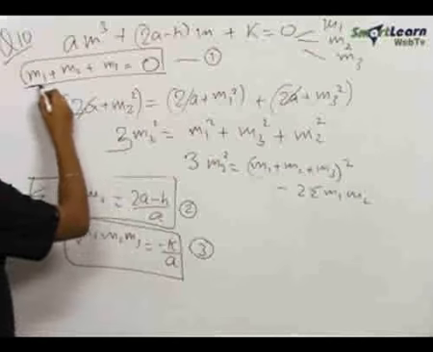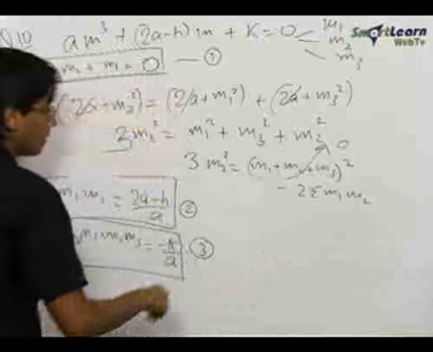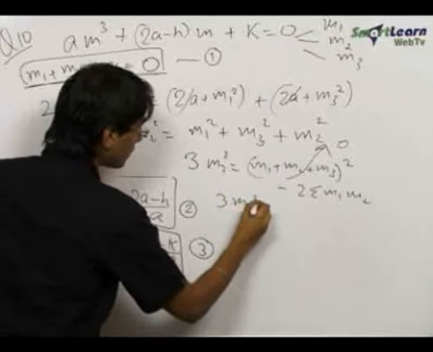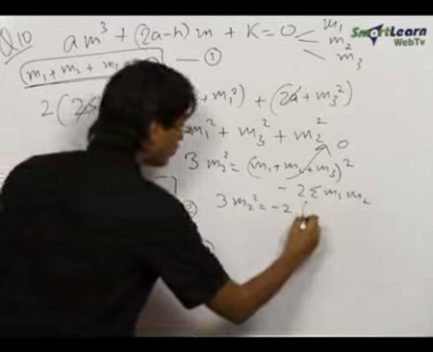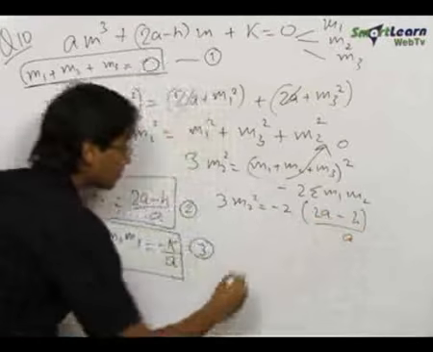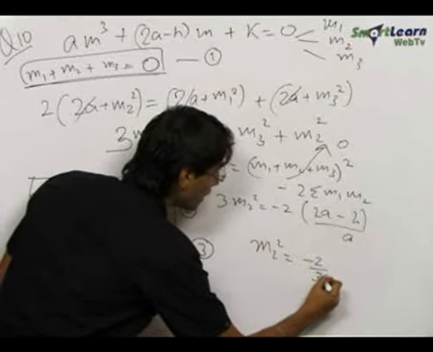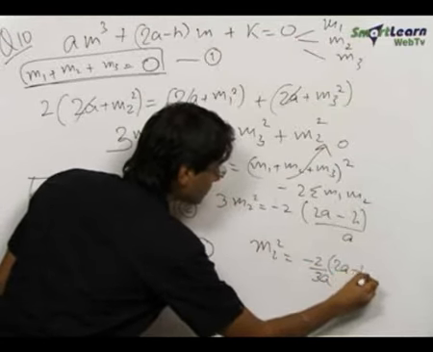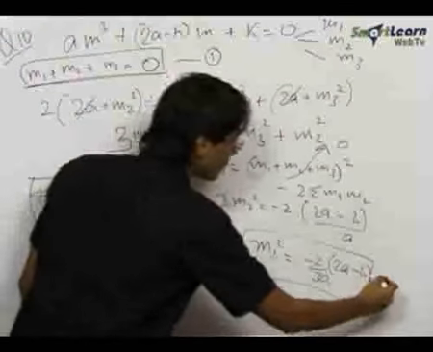We know that m1 plus m2 plus m3 is 0, so this becomes 3m2 square is equal to minus 2 times sigma m1 m2, which is equal to 2a minus h upon a. Hence we have got the value of m2 square as minus 2 upon 3a times 2a minus h. This is our fourth equation.